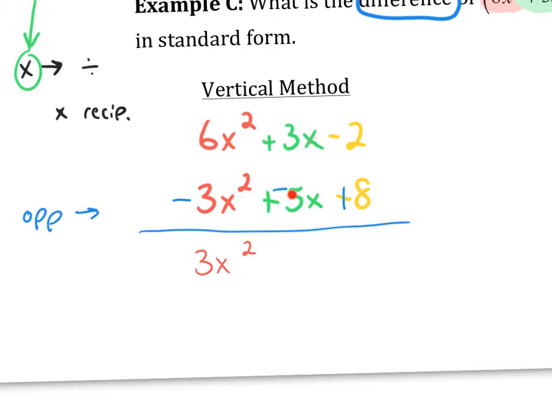Next, 3x minus 5x is negative 2x. And lastly, negative 2 plus 8 is the same as saying 8 minus 2, which is a plus 6. This is in standard form because it's the x squared, my quadratic, my linear, and my constant, in that order.